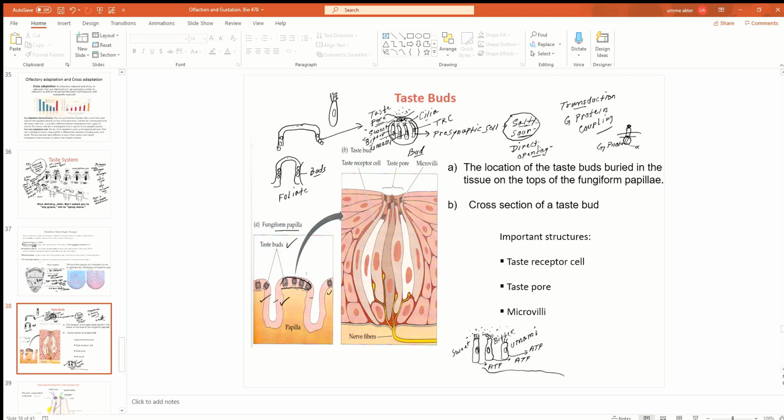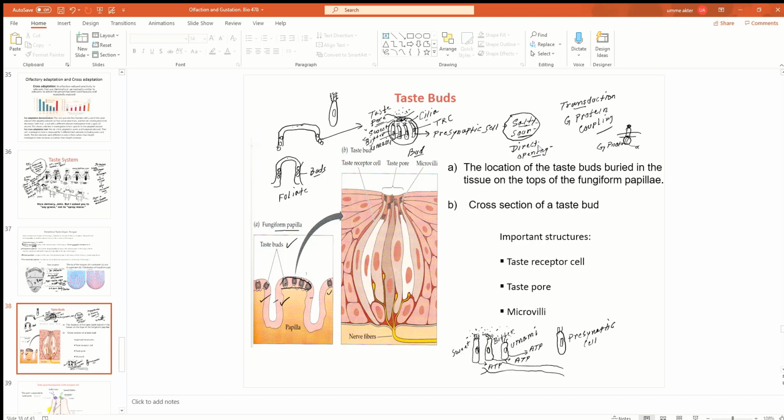These are the nerve fibers. Take the signal directly to the brain, towards the brain, and also this is the presynaptic cell for salty and sour. Presynaptic cell.